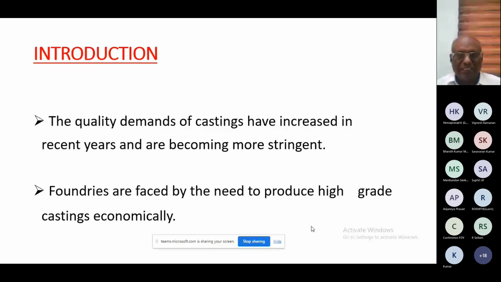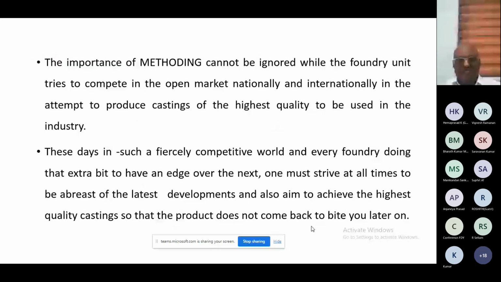The quality demands of castings have increased in recent years, and to produce high-grade castings economically, the importance of methoding cannot be ignored while the foundry unit tries to compete in the open market nationally and internationally.